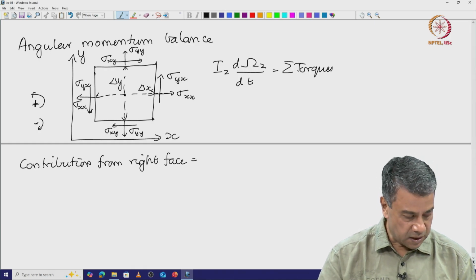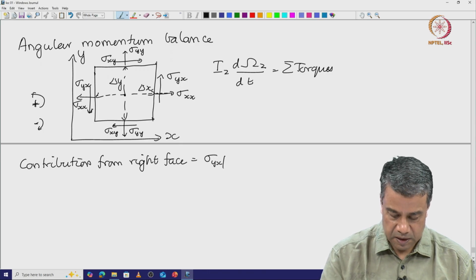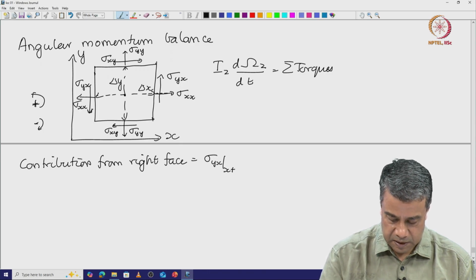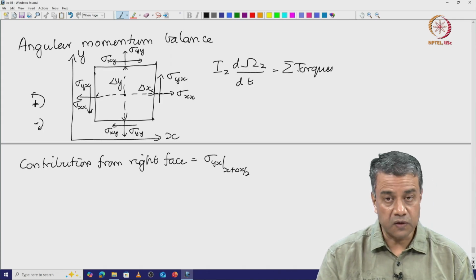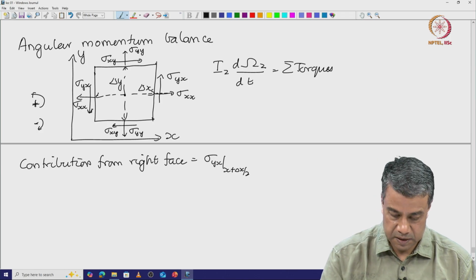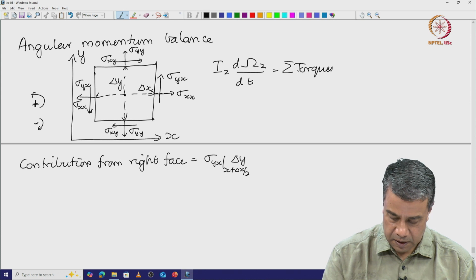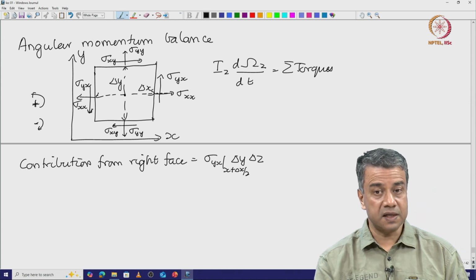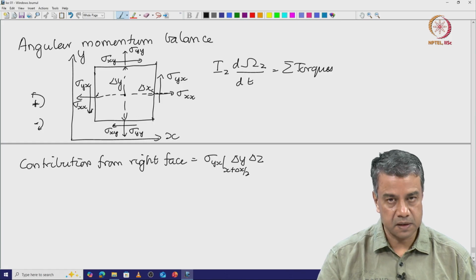And that torque is equal to the total force, that is sigma yx at x plus delta x by 2, which is the force per unit area. So, I have to multiply it by the area, which in this case is delta y delta z, that is the force multiplied by the perpendicular distance.